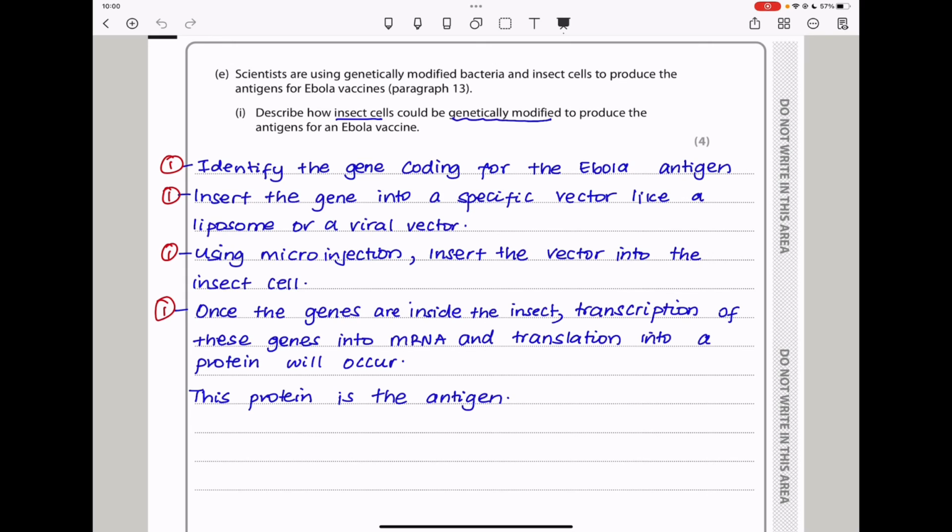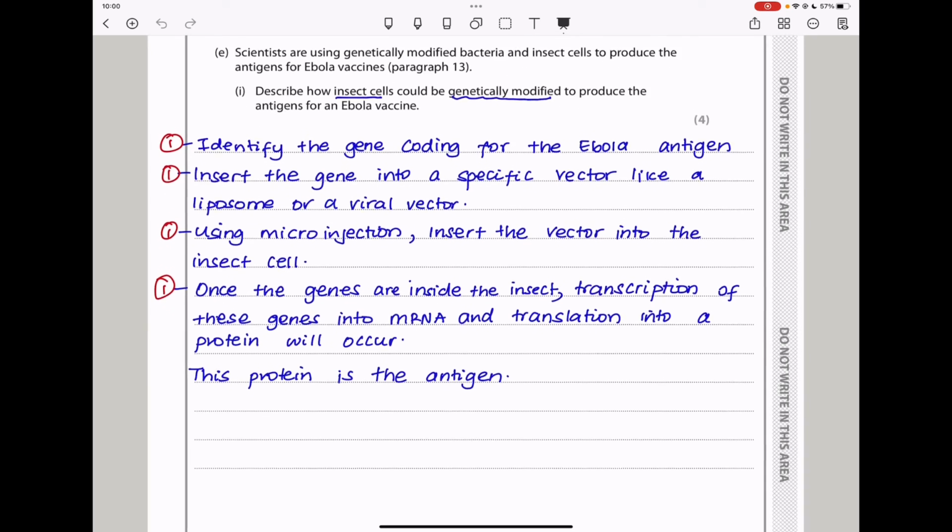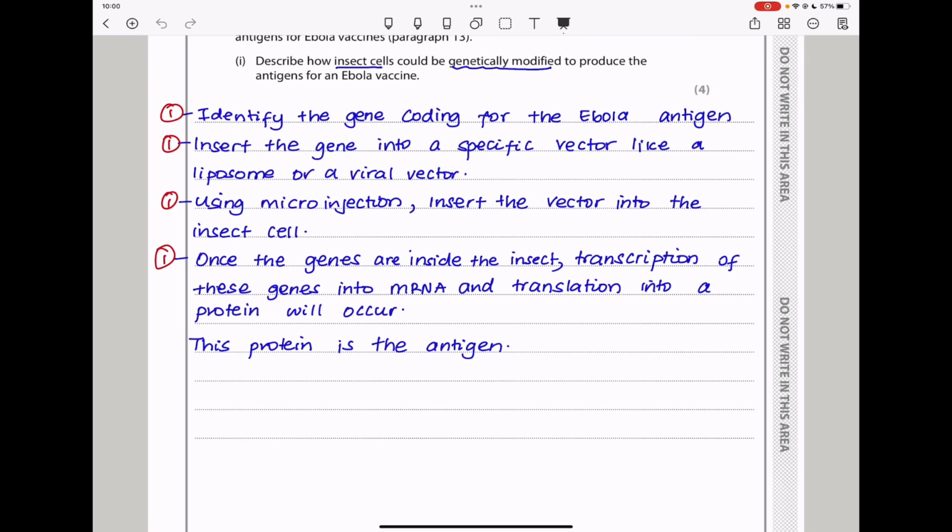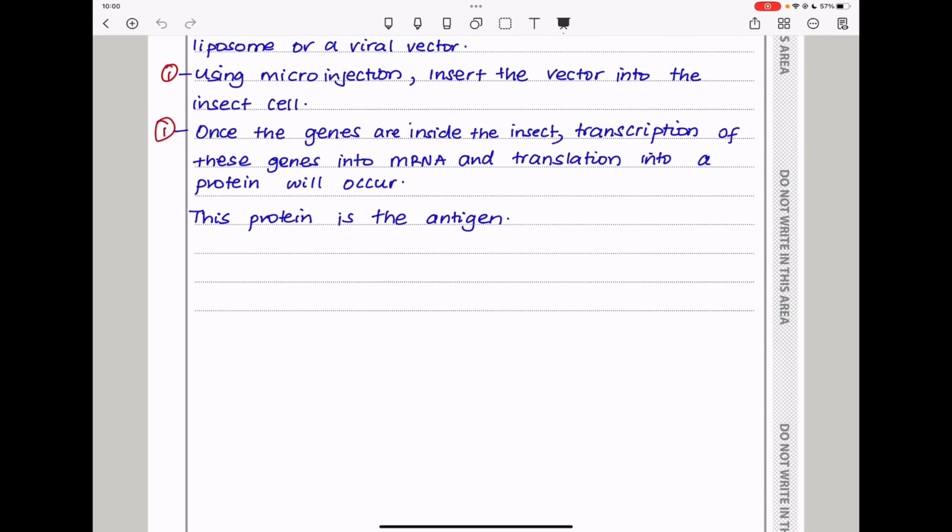This vector could be a liposome or it could be a viral vector. And then we could use microinjection to insert the vector into the insect cell. Once the genes are inside the insect, transcription of those genes into messenger RNA and translation of the messenger RNA into the protein will occur, and the protein produced will be the antigen.